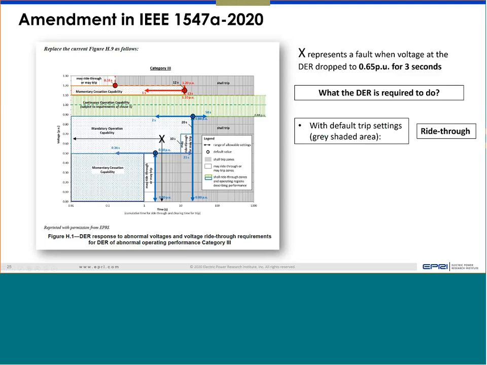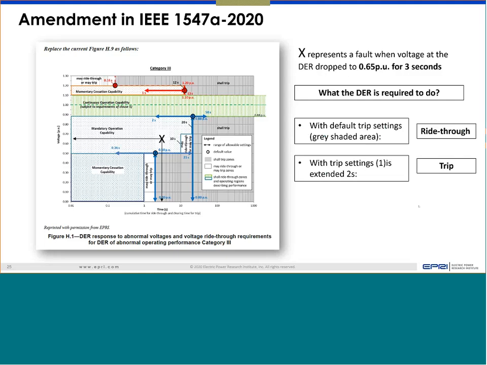But if I move the number 1 all the way to 2 seconds, and remember that this is 3 seconds, that means now the gray area extends up to this. In that case, the fault will be in the must trip setting or shall trip area. So in that case, it will trip. So that's how you can effectively adjust the trip settings to minimize the ride-through requirement.